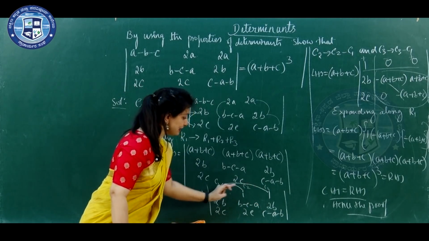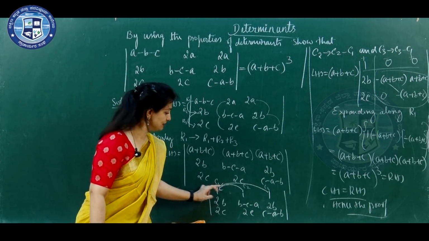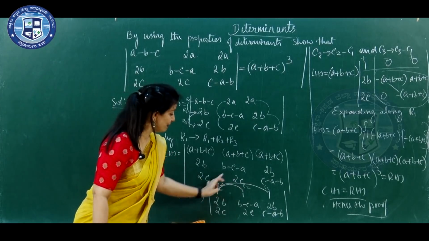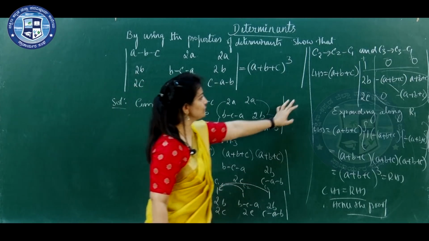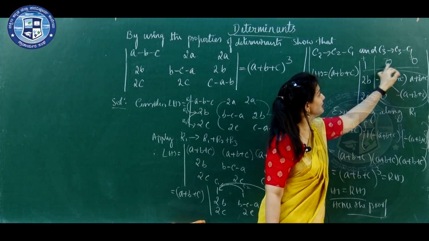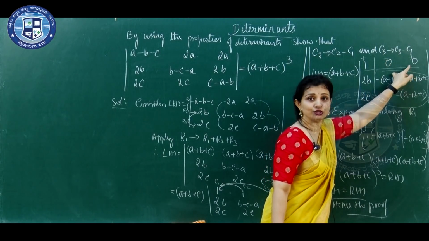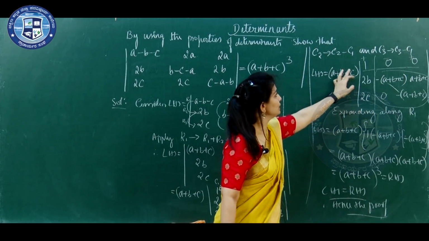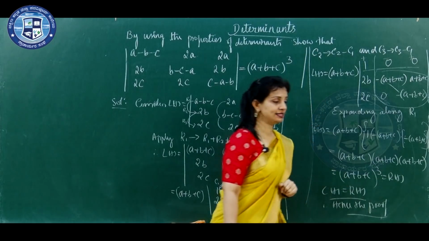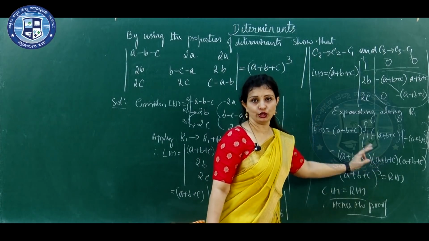So, apply C2 minus C1 and C3 minus C1, so that the first row has maximum 2 zeros. So, expand the determinant using the first row, you will get the RHS A plus B plus C the whole cube.